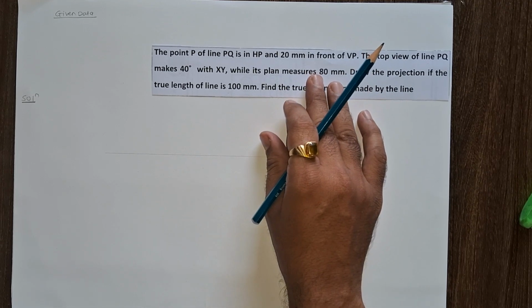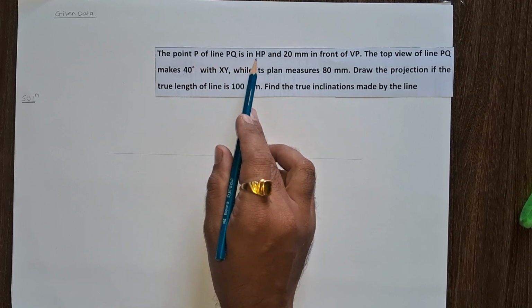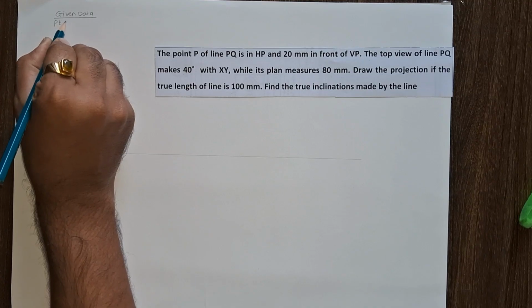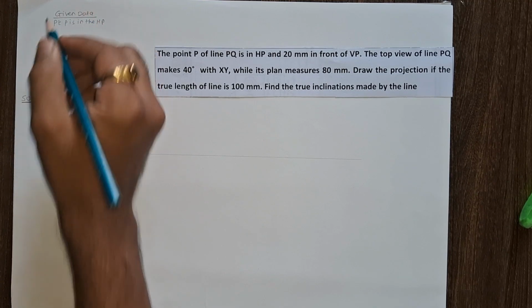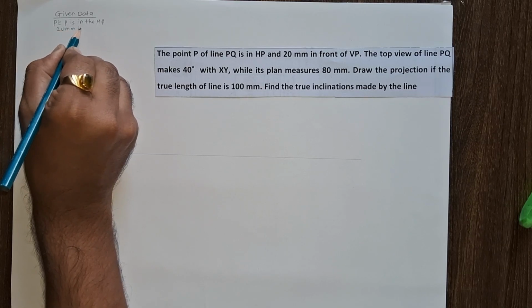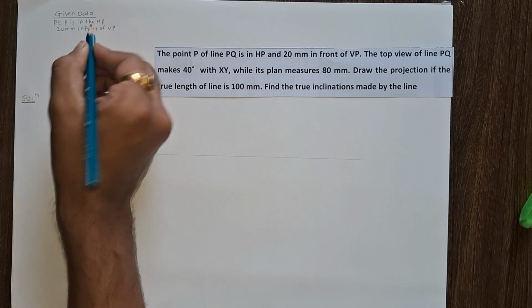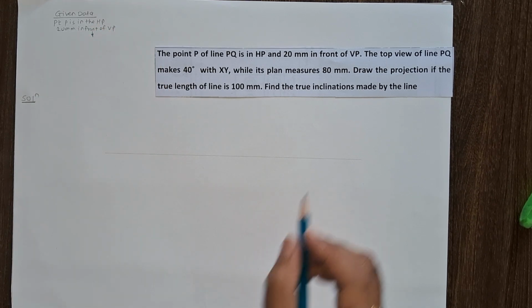From this problem statement, we can write down the given data. Point P, the end point of line PQ, is in the HP and 20 mm in front of VP. In front means it is below the XY line.